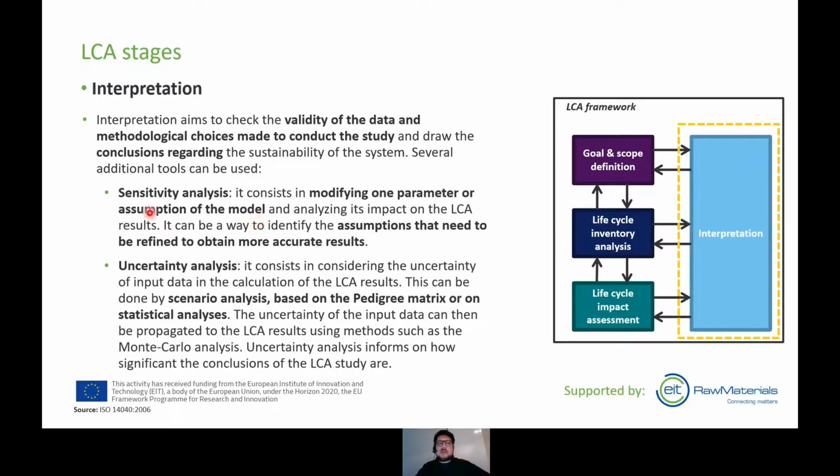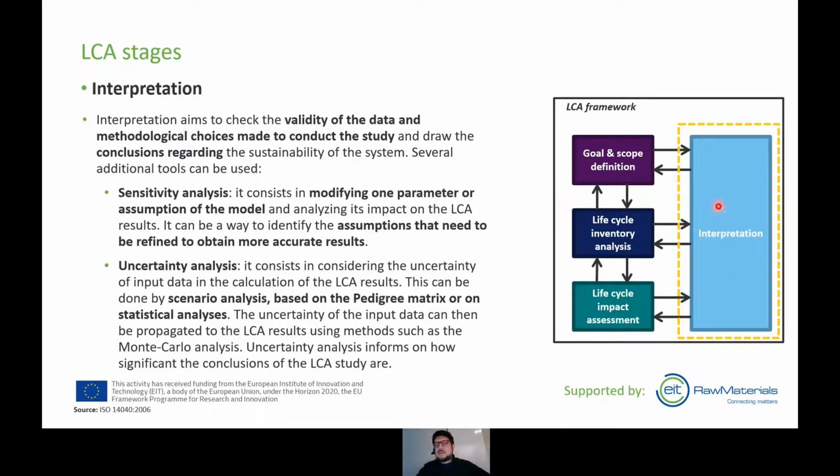We can also make a sensitivity analysis by modifying some parameters and making assumptions. For example, electricity is really relevant, so we can change it according to different types of electricity mix. There is also the possibility of an uncertainty analysis, because some data that come from the databases can be not really precise. So we need to analyze the quality as well.